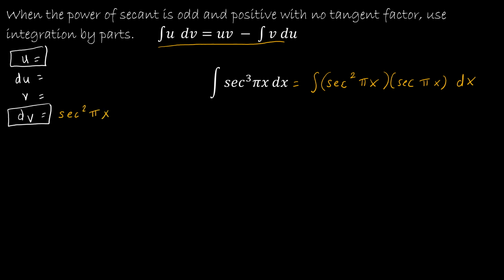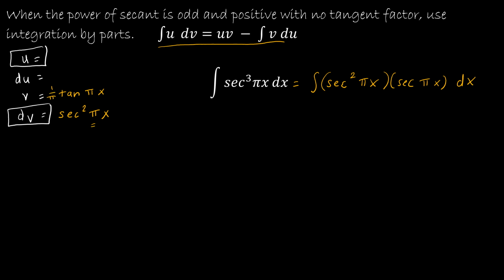And the reason that I'm doing that is because I know that the derivative of tangent is secant squared, and that means v is pretty easy to figure out. It's going to be tangent of pi x, and then of course because of this pi, it's going to be 1 over pi.